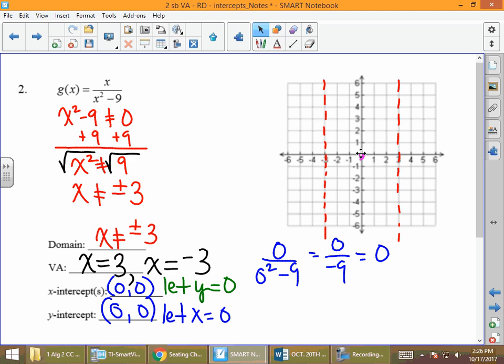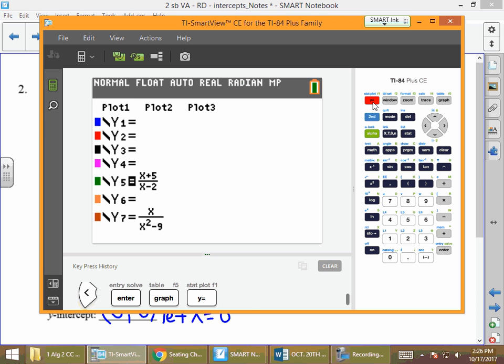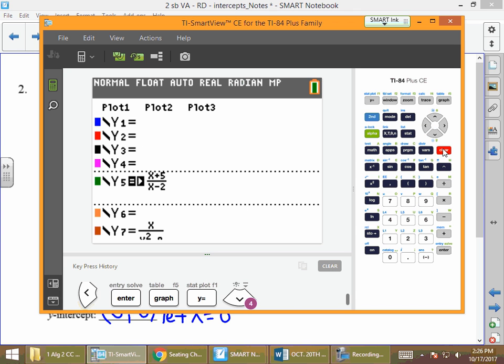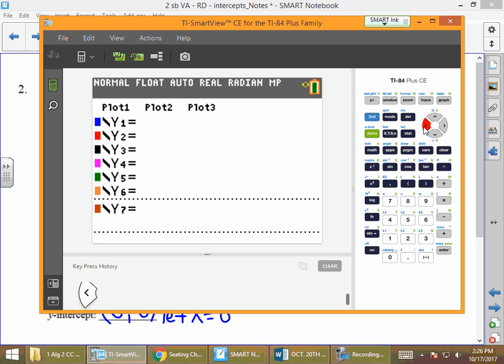So let's look at the picture. This color here, turn it on.